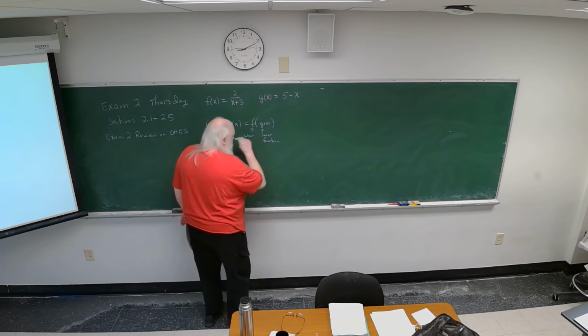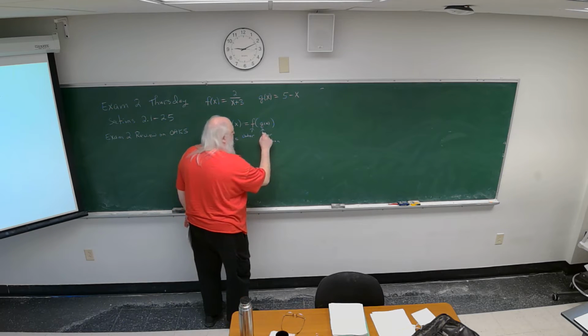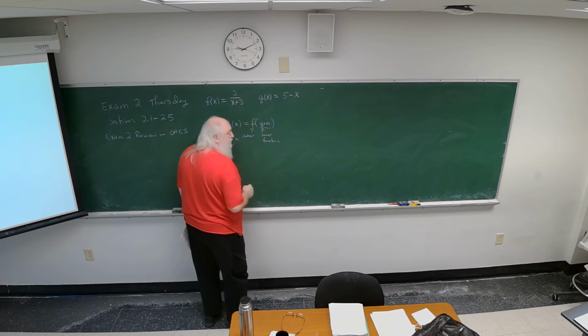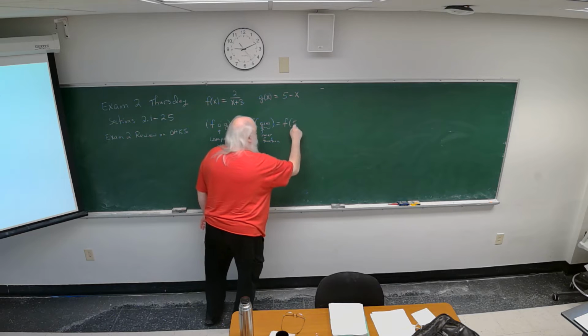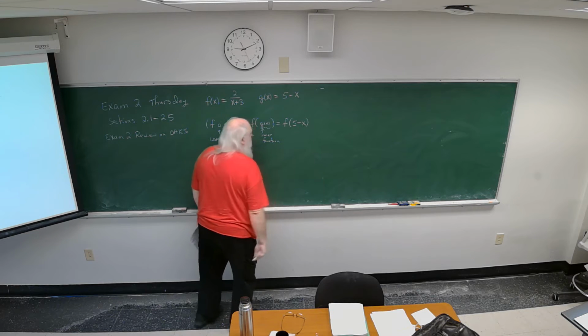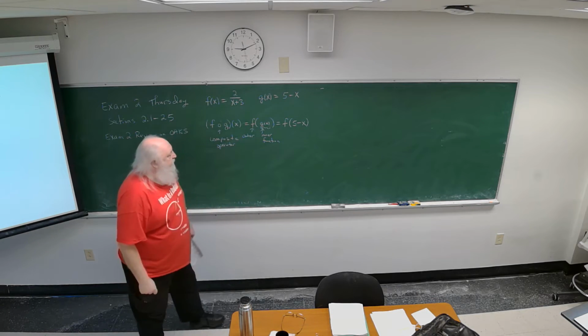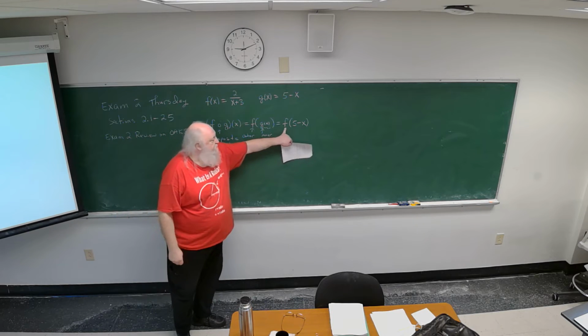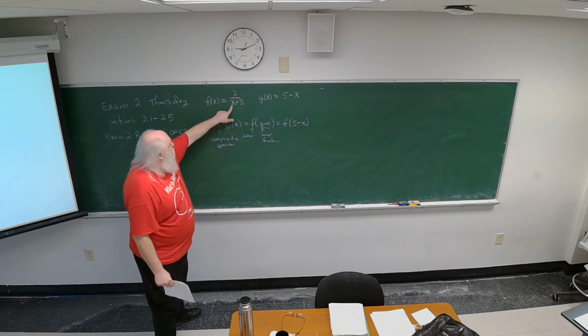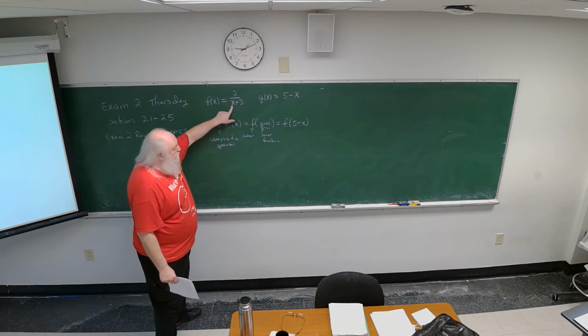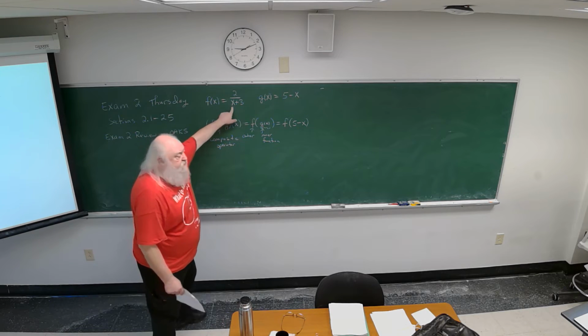So the first step is to replace g of x with what it's equal to, right? And g of x is equal to 5 minus x. And now you got to evaluate the function f at 5 minus x. And to do that, wherever you see an x on the right-hand side of f of x, you replace it with 5 minus x.